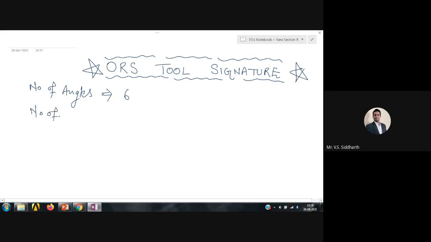Number of radius is 1. We will have 6 angles and 1 nose radius. Everything will be same. Only the names of the angles will be different.